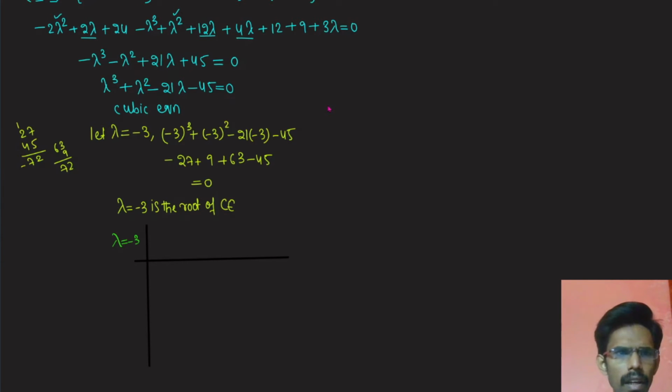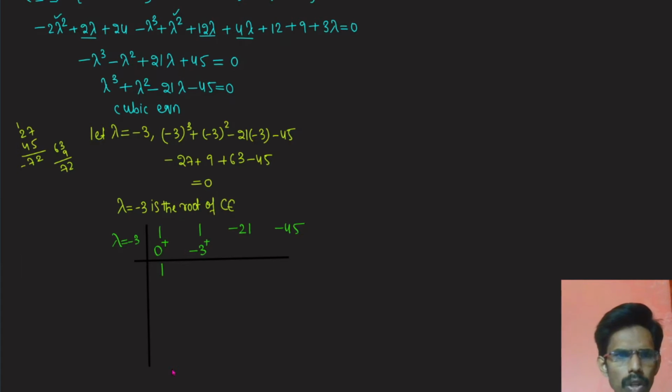We have lambda cube coefficient is 1, lambda square coefficient is 1, lambda coefficient is minus 21, constant is minus 45. Now put 0 below this one. Now add these two. Here I have 1. Now multiply this 1 to this root minus 3, that will be minus 3 here.